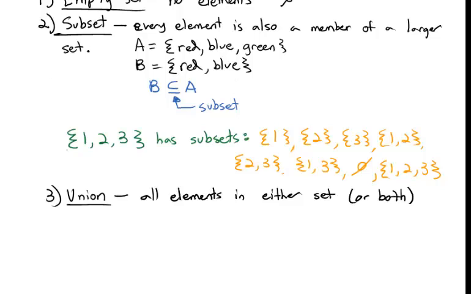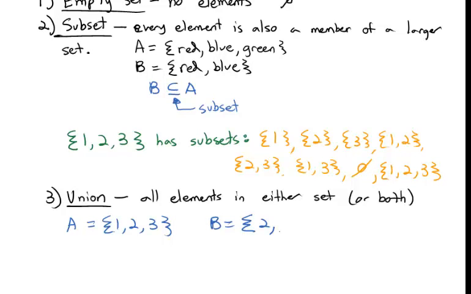So for example, if A is equal to the set 1, 2, 3, and B is equal to the set 2, 3, 4, we could find A union B with this symbol meaning union.